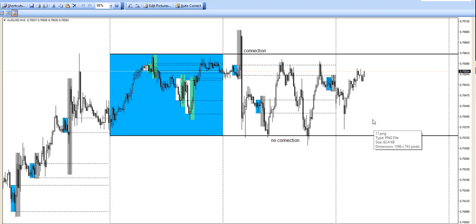This is just one example of Aussie dollar just before it was about to take out the liquidity that was crouching below the previous inside day. So this particular internal price engine set forward this level, and the connection means that we have a lower time frame price engine connected to the higher time frame.